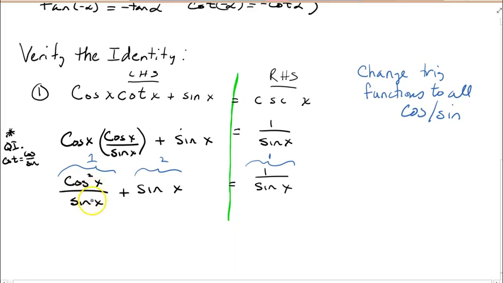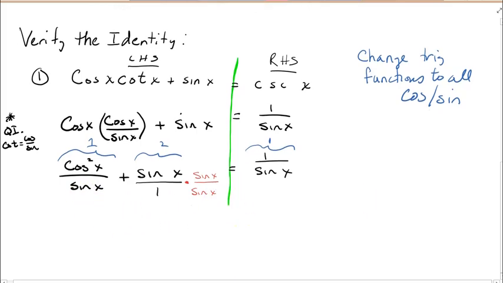Well, my first term, term number 1, has a denominator of sine. Term number 2, as you can see, does not have a denominator. Technically, that is over 1. So to get a common denominator, and I'll put it in red, I would need to multiply the sine x by sine x over sine x to get them to be the same. So what does that look like when I make that multiplication?